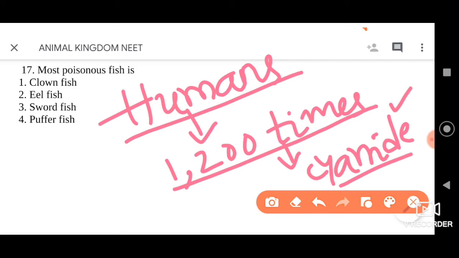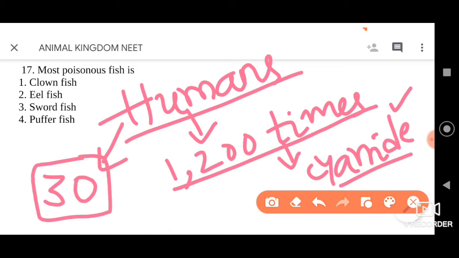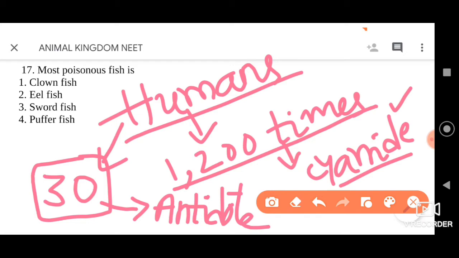There is so much toxin in just a single puffer fish that it can kill 30 adult human beings. And there is no known antidote or treatment available for the tetrodotoxin. So it can definitely be lethal to humans as well.